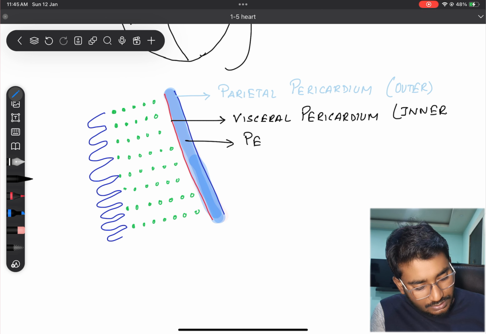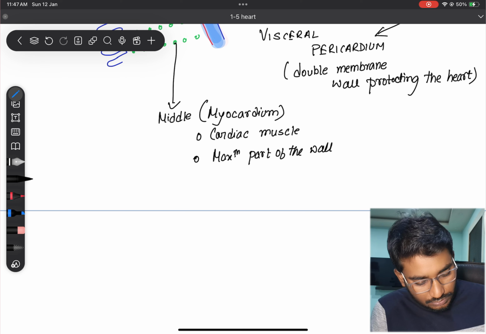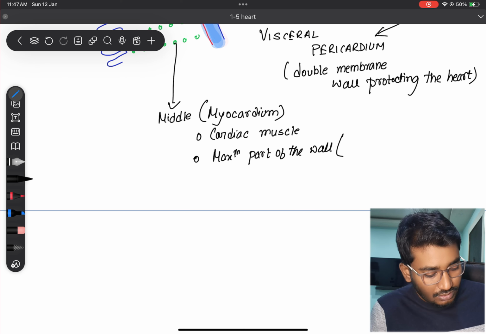So the maximum part of the wall is made up of myocardium.